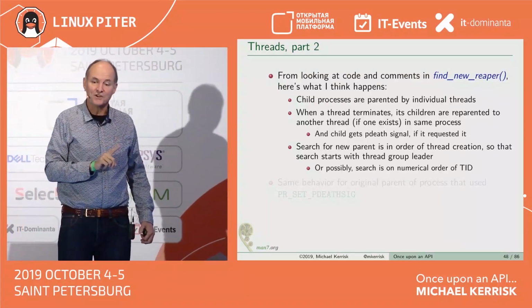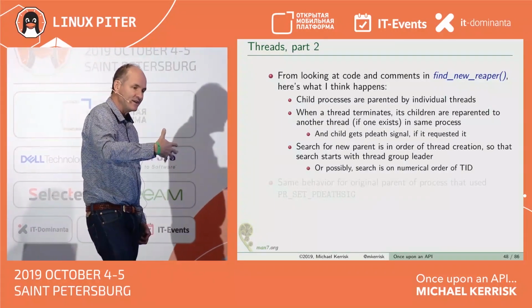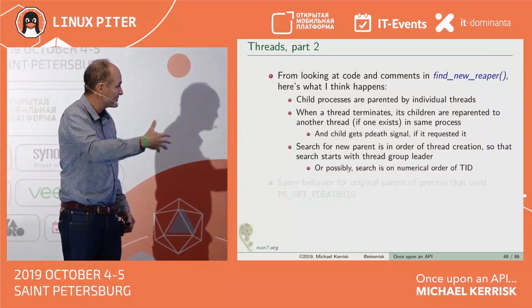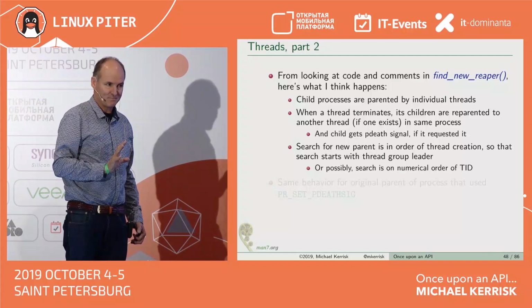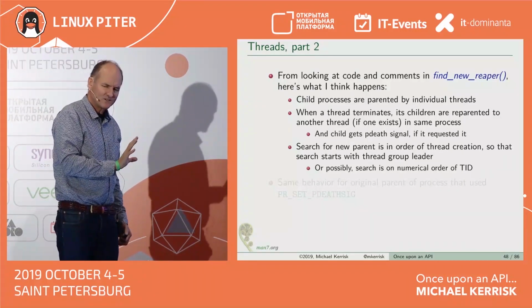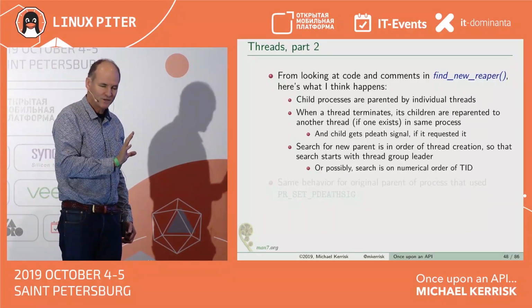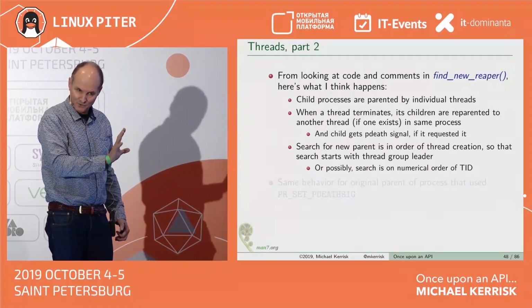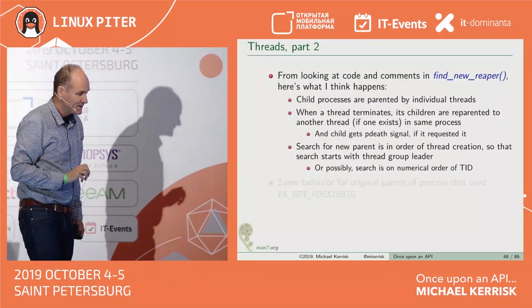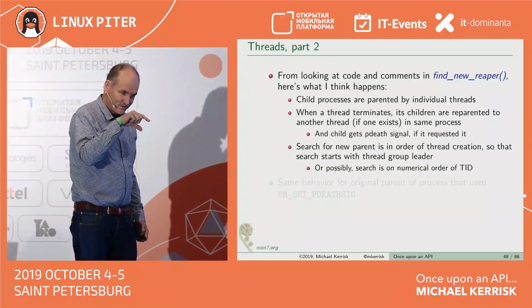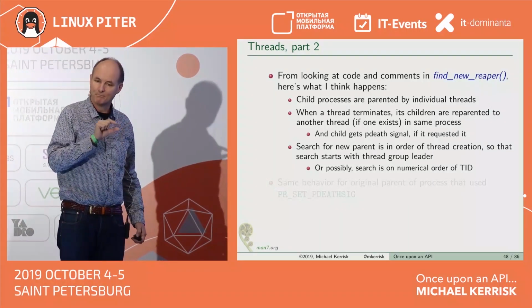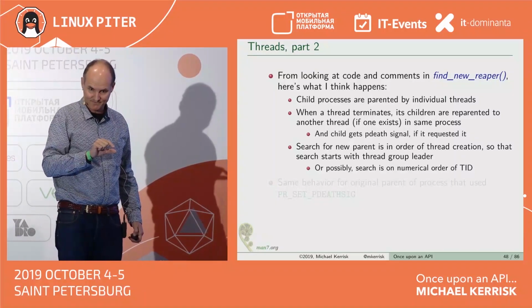As far as I can work out, the order of the search for a new parent thread is the order of thread creation in the parent, or possibly the order of thread ID, I'm not quite sure. So if the parent's multi-threaded, the child is potentially going to get multiple signals again.